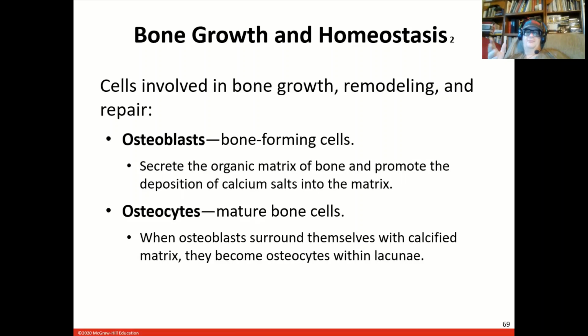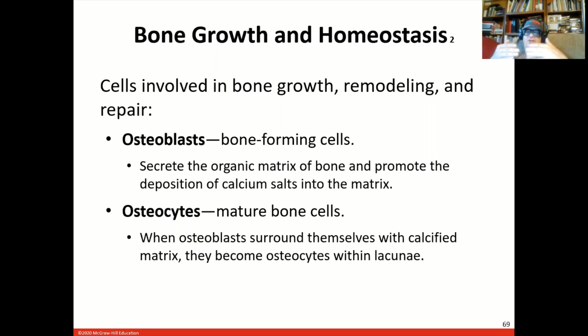So the osteoblasts are babies. They're going to grow up to be osteocytes. Okay. Osteocytes are living cells that are in the matrix, but they're in little spots called lacunae, mini lakes. And you know how lakes are sometimes connected by canals? Same thing. The lacunae, the little lakes, they're connected by canaliculi.